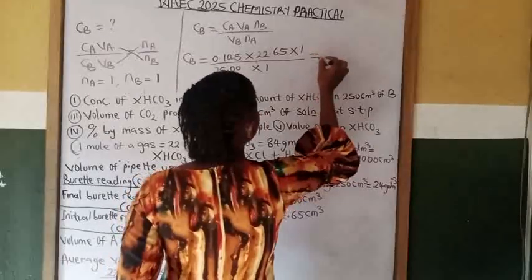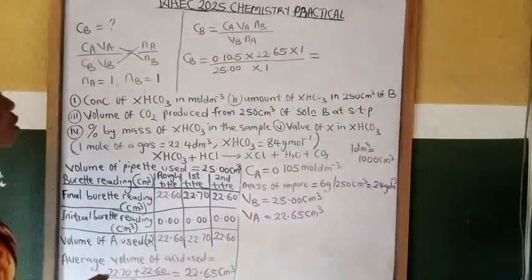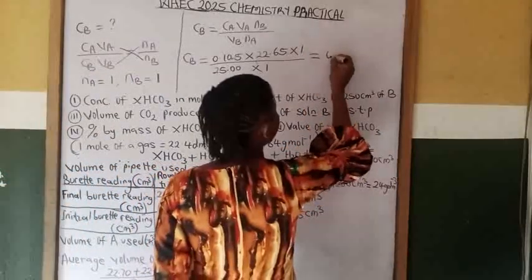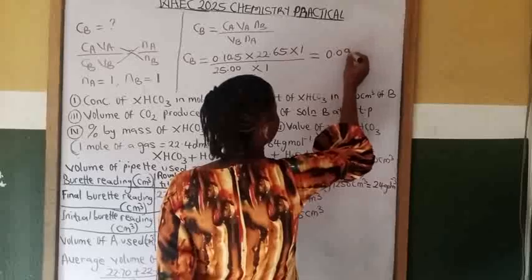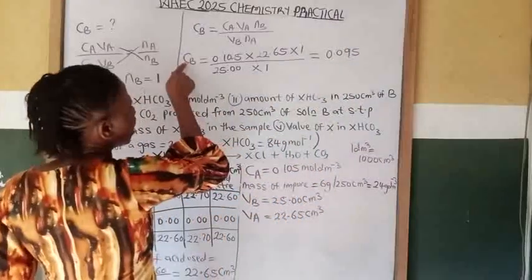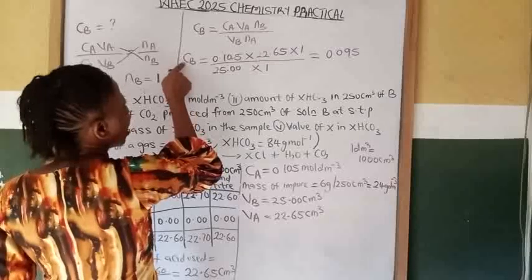By the time you multiply everything together and divide by 25.00, you are going to arrive at 0.095.